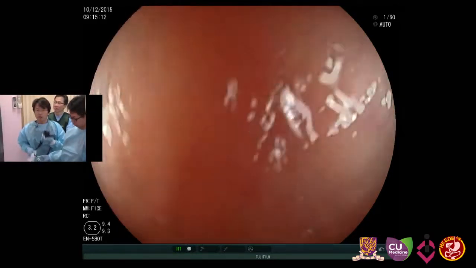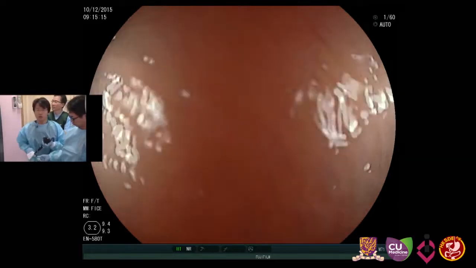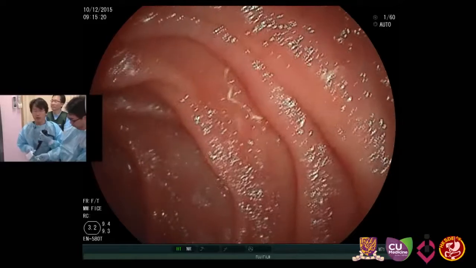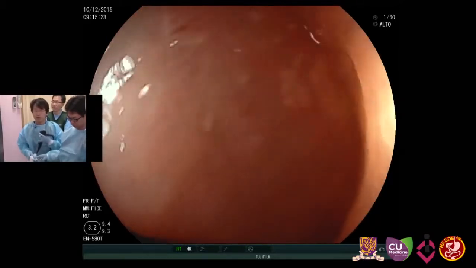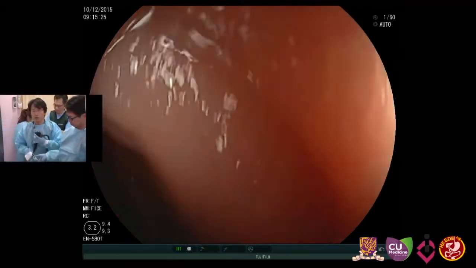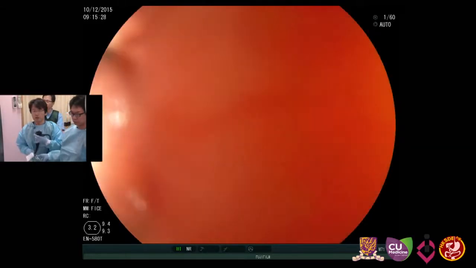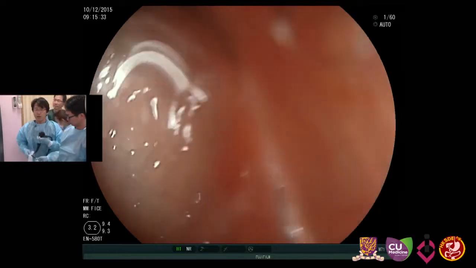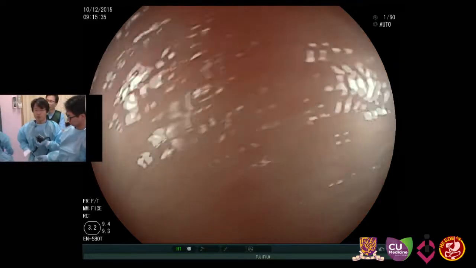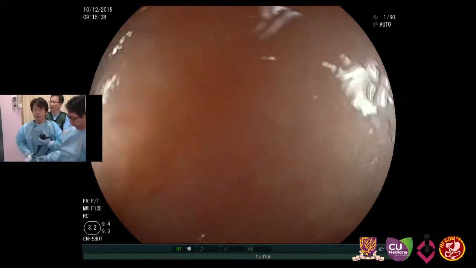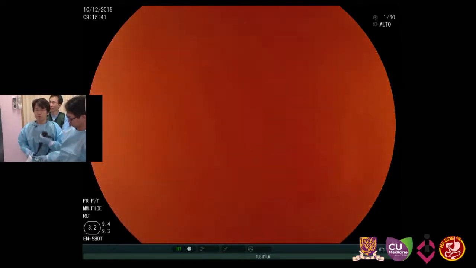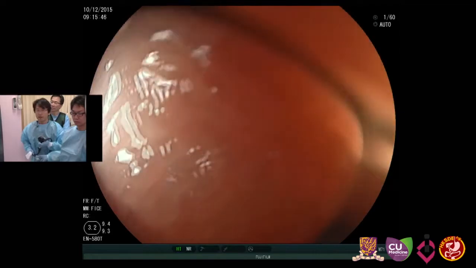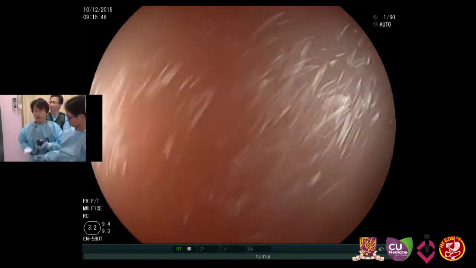So my plan of the examination is to evaluate her small intestine with double balloon endoscope. So what I will do is examine the jejunum, small intestine, as much as possible endoscopically, and then from the deepest point I could reach, I will use the contrast medium to evaluate the small intestine by X-ray contrast study.